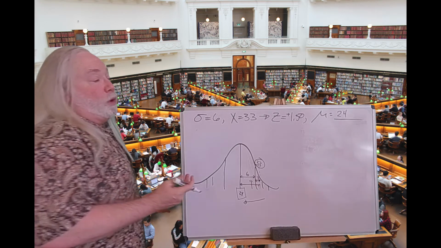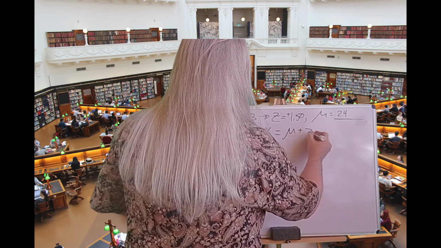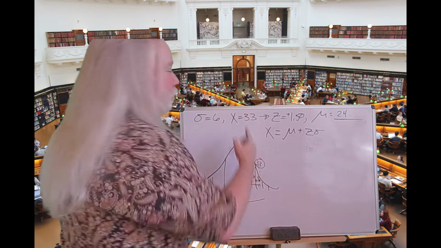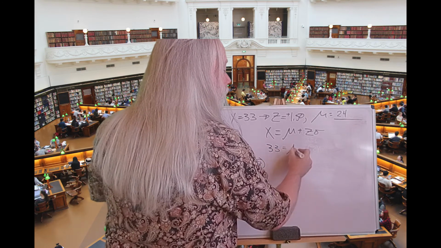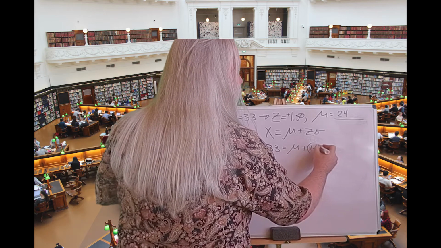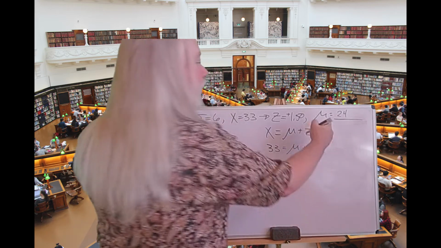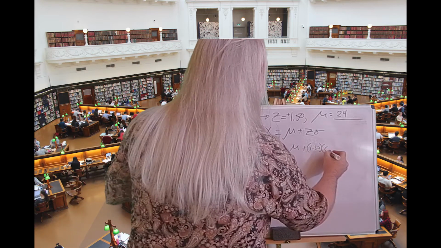So now let's look at it with the formula. So the raw score is 33. The mean is what we're trying to determine. Z is positive 1.5. Our standard deviation is 6.